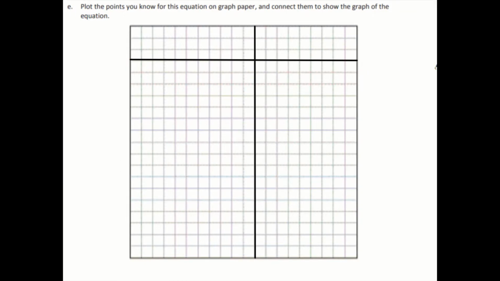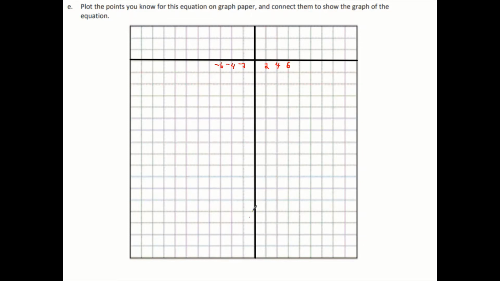And let's plot our first 2 points. The first 2 points that we found were our x-intercepts. I'm going to have each square along my x represent 2. So we've got 2, 4, 6, and negative 2, negative 4, negative 6.